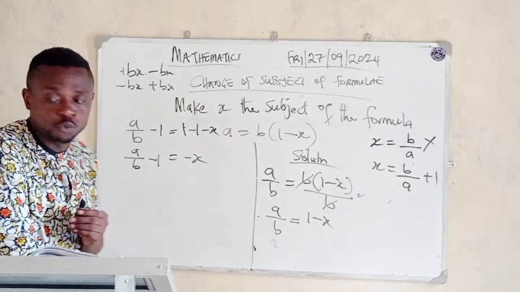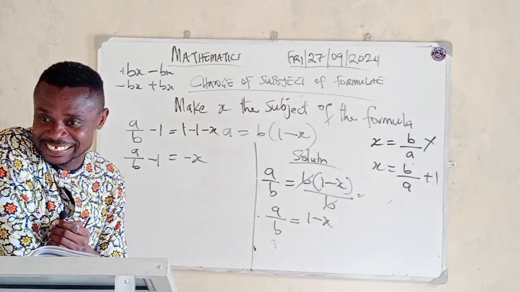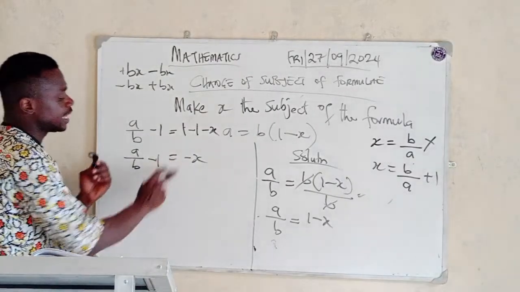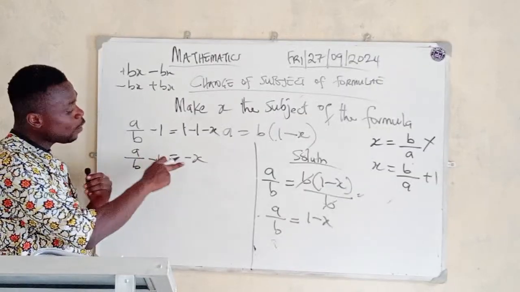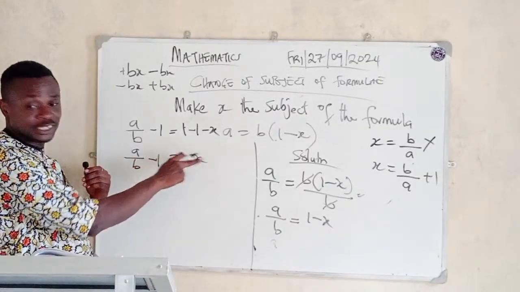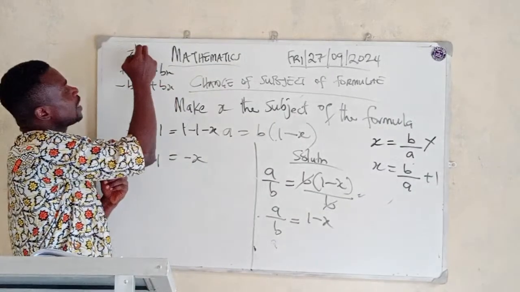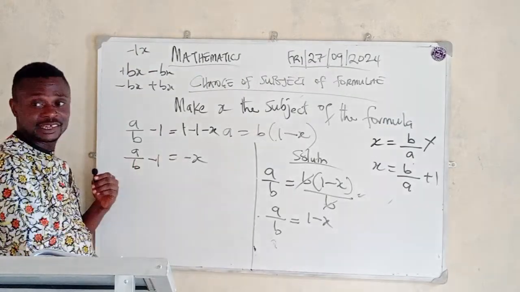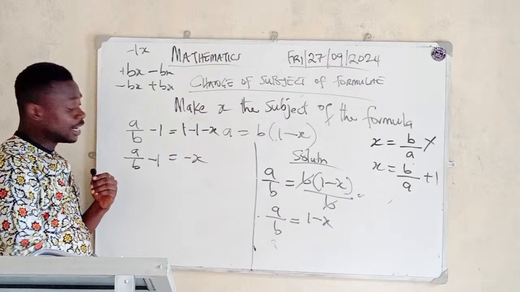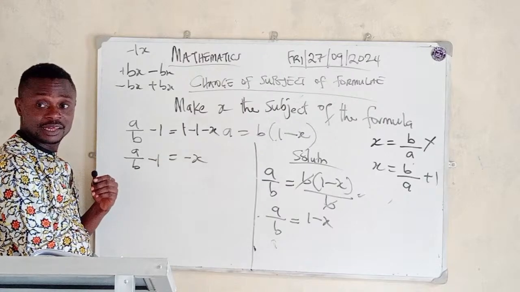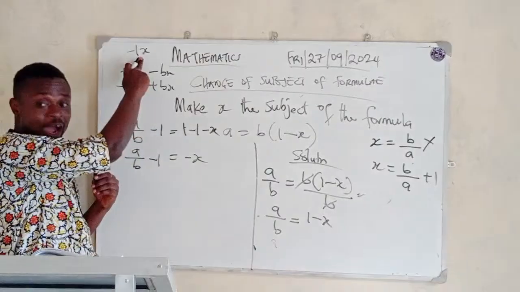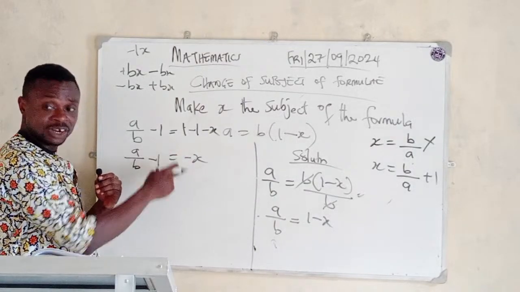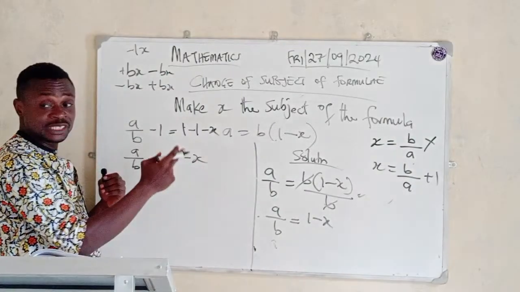But what were we told to find? x, not minus x. So what other step do we take here? Are you aware that minus x is the same as saying minus 1x? There's an invisible 1 here, but they don't write it.